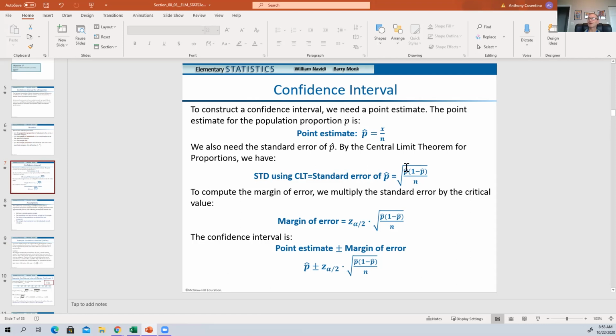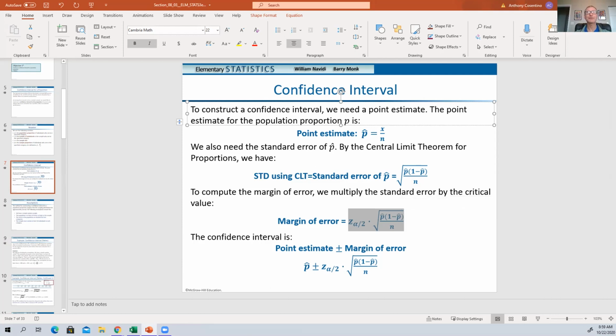If you go back to section 7.4, I believe, it would be the square root of P times 1 minus P, divided by N. And here's our margin of error again. Whatever z-score correlates to the confidence interval, you use that, and then multiply it by the standard deviation from the central limit theorem. Poof, out comes this margin of error. To get the high end, you add it, and to get the low end, you subtract it.